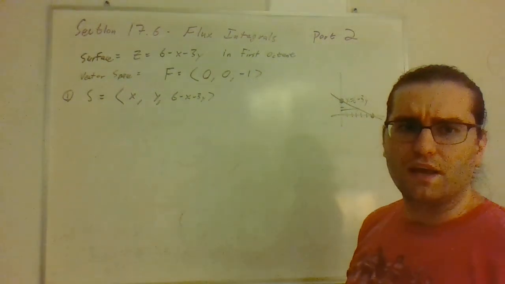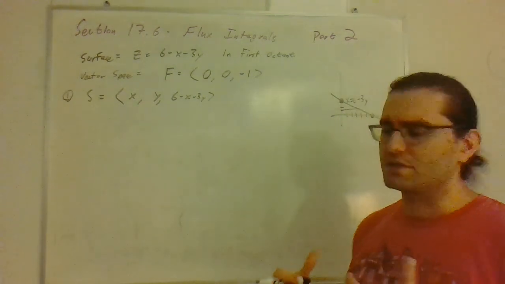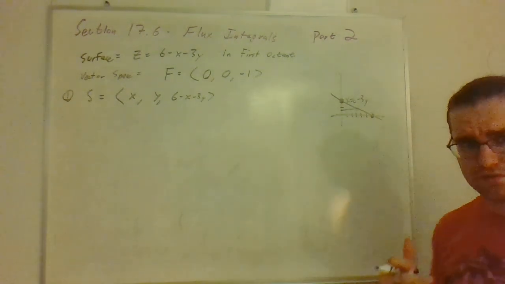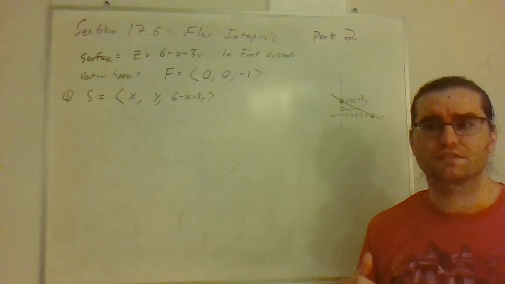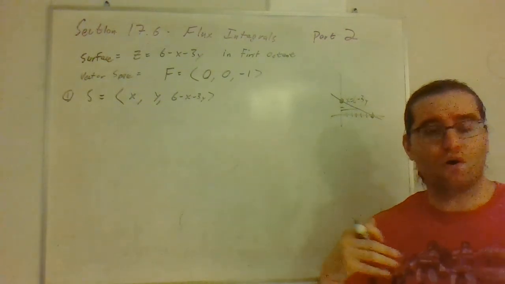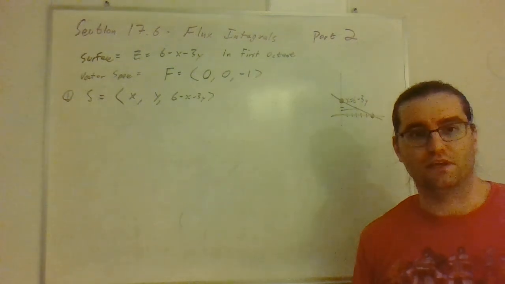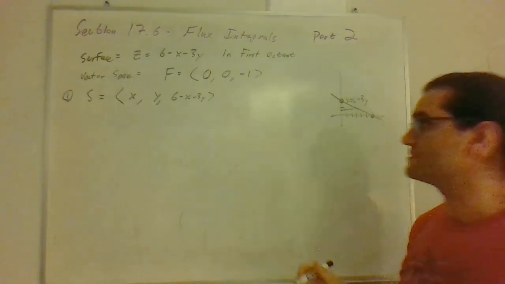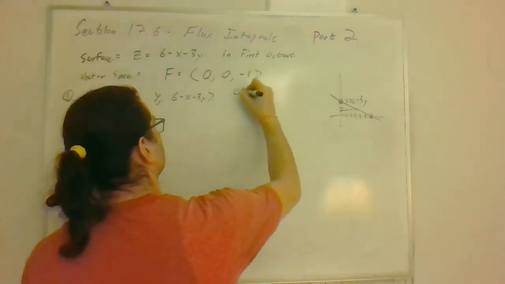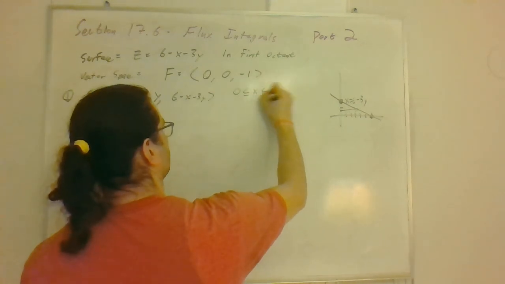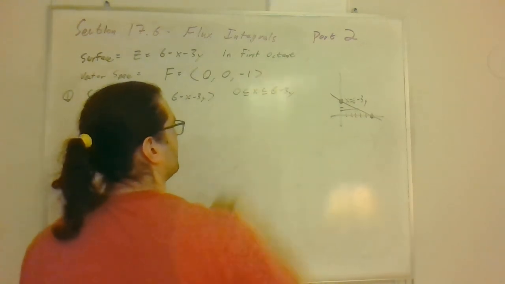So it's going to feel a little weird using variables as some of your bounds here, but it follows all of the same rules as double and triple integrals when we did those in chapter 16. So 0 is less than or equal to x is less than or equal to 6 minus 3y.